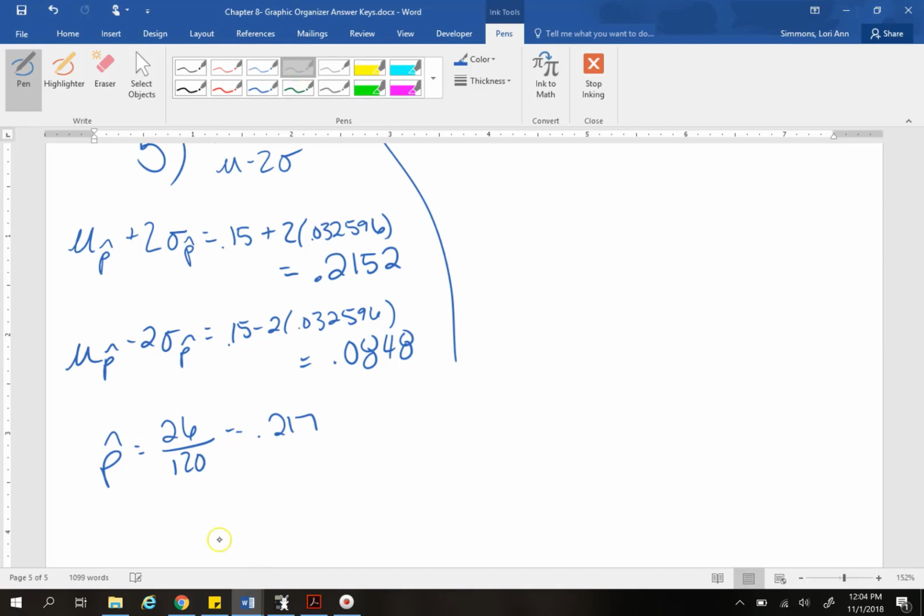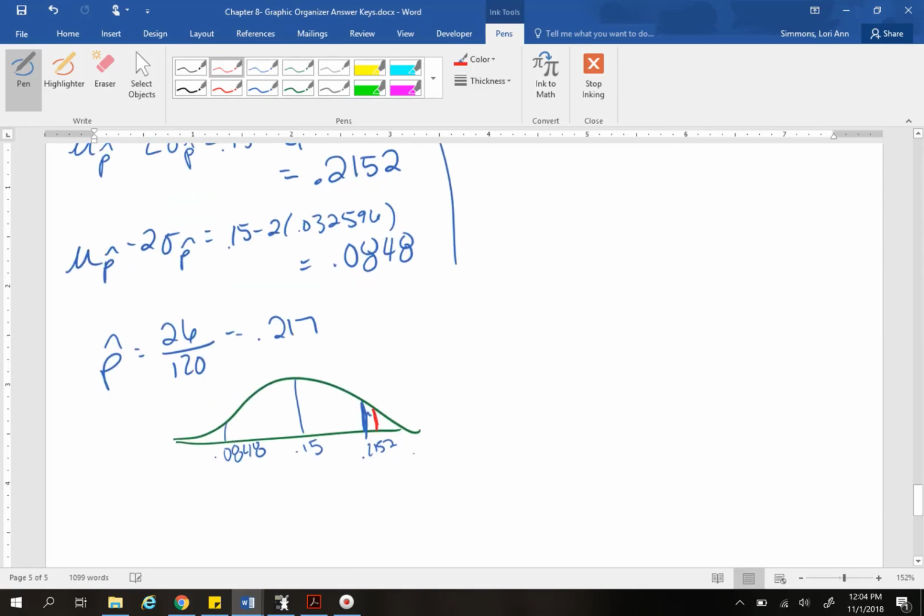Now if you want to think of this on the normal curve, we have your mean of 0.15. 2 standard deviations below is 0.0848, and above is 0.2152. Where does the 0.217 lay? It lays on the outside. When it lays on the outside, that means it is unusual.